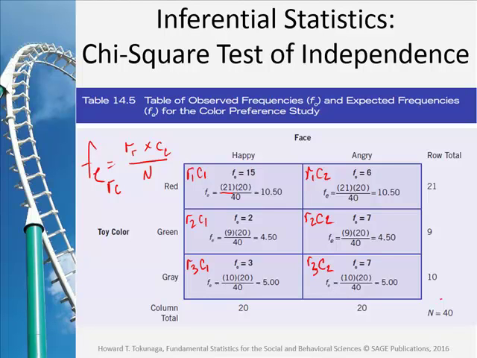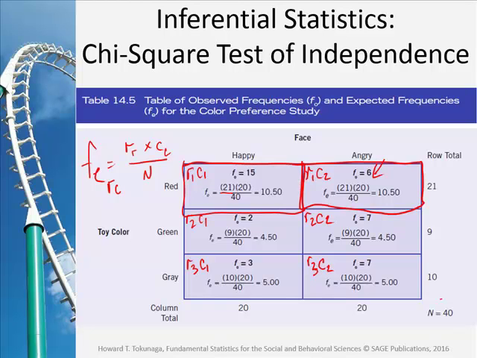So you would go through and you would calculate that for each cell in the table. This is a cell. This is a cell. So if I'm doing this one here, I've got my row total times my column total.